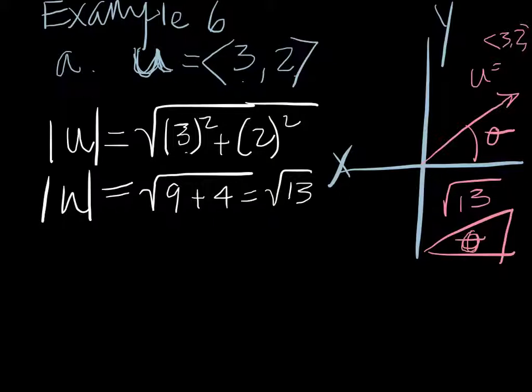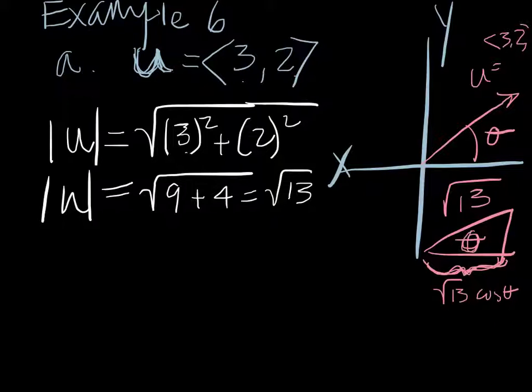There are a couple of ways I can do this. One of the ways, you could do trig. We know that this length right here would be the square root of 13 times cosine of theta. Hopefully that makes sense, because that horizontal distance is your radius times the cosine of that angle. I don't know what theta is, but I do know this length.